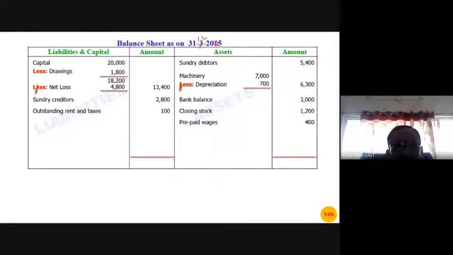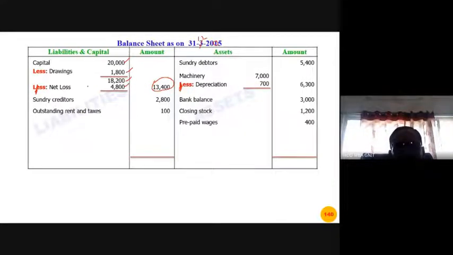See, actually, he invested 20,000 in the business. 18,000 he has taken back during this financial year. So his capital leftover is 18,200. During this financial year, he suffered a 4,800 loss. As on 31st December 2005, his capital amount is just 13,400.